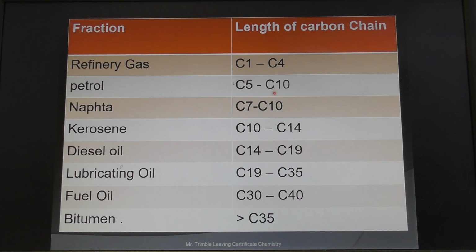But you don't have to worry about the exact numbers for these, but you should know that the carbon chain length increases, and then link that to boiling point. Obviously, as the carbon chain length increases, you will have more sloshing of electrons, a stronger temporary dipole.